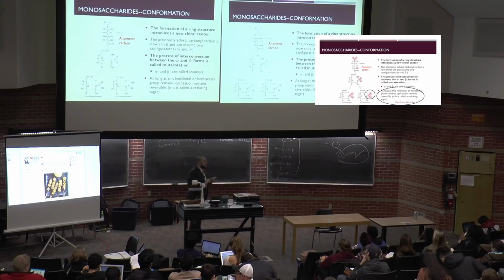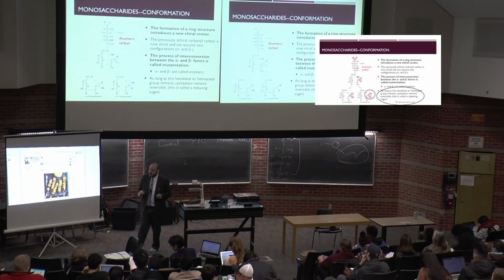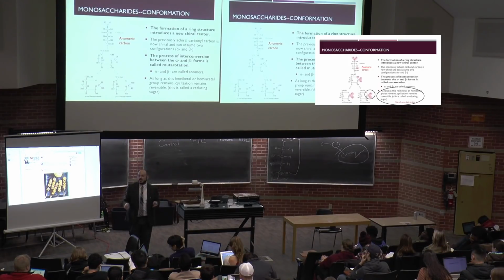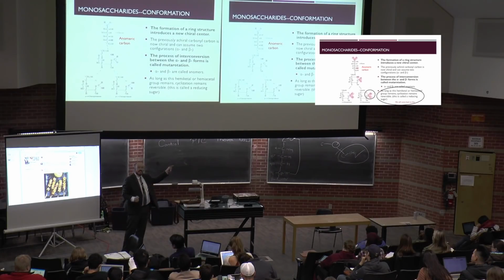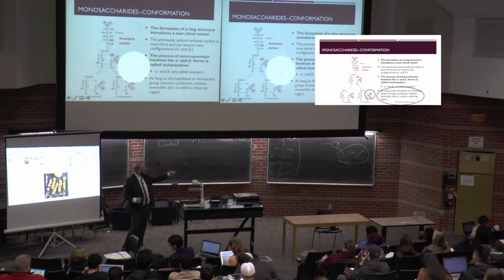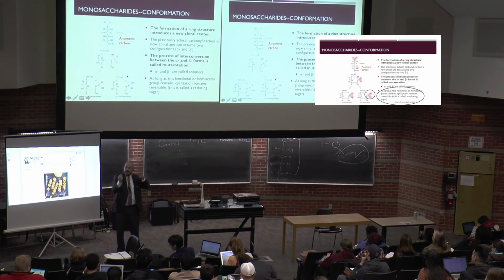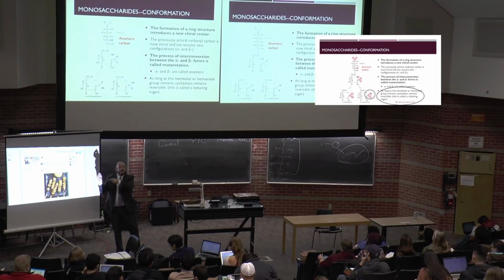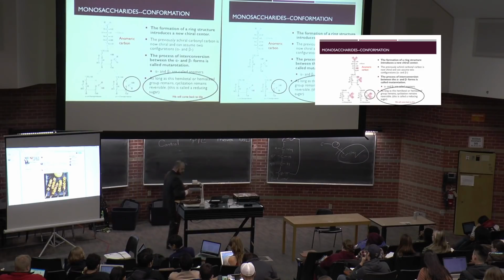Very, very important when we talk about the chemistry of sugars, because the pathways for degradation and flavor formation are dependent on the ability of that covalent bond to break and to reform, either being a linear reducing sugar or a cyclic non-reducing sugar.